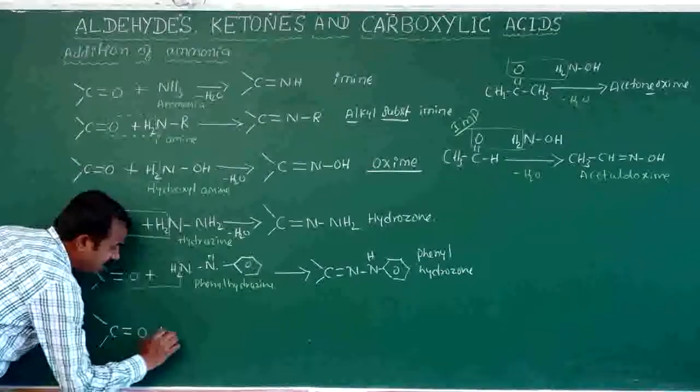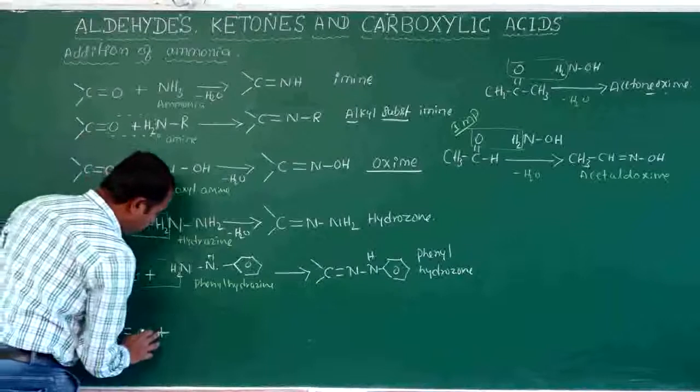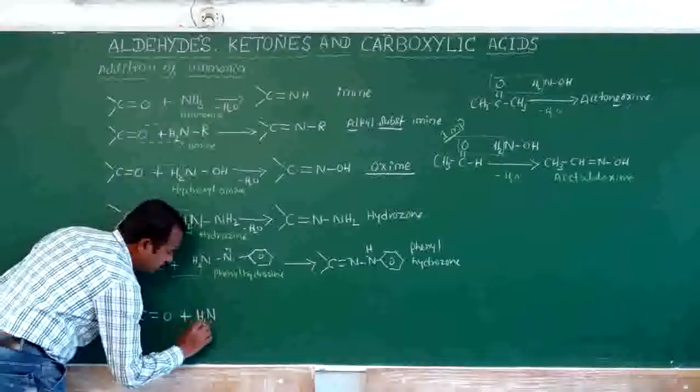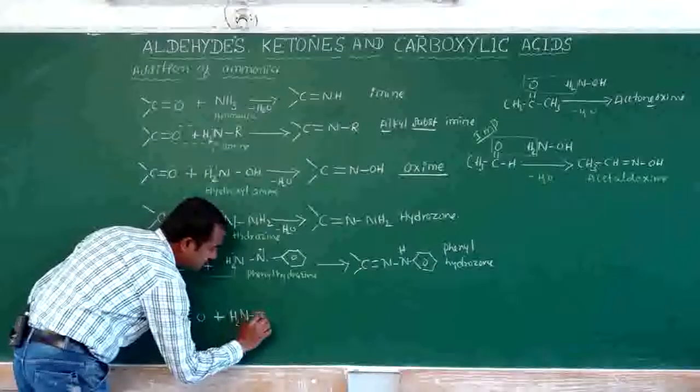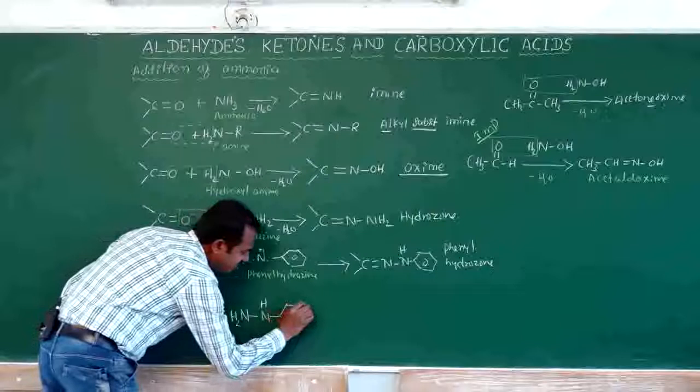2,4 DNP. What is 2,4 DNP? 2,4 DNP means here also NH2, NH, C6H5.